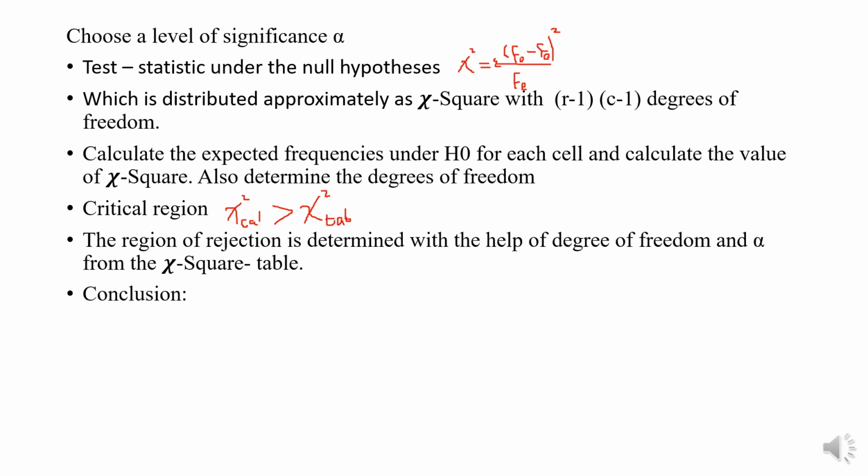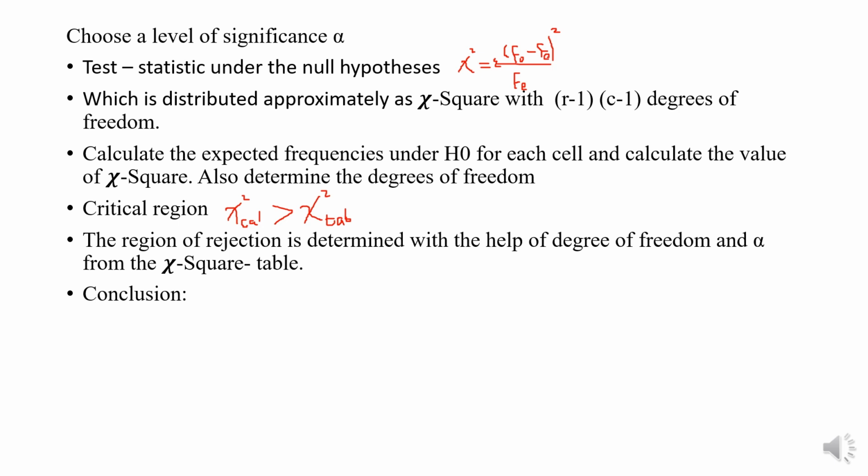The next one is the conclusion. We can say the last step is to reject H naught if the chi-square calculated value is greater than chi-square alpha with the degree of freedom. Otherwise, accept it. So this is the last step. In the last step, we reject the hypothesis or we accept the hypothesis.